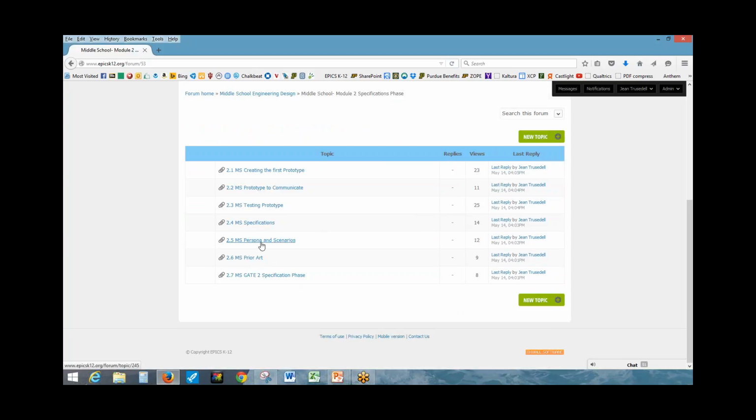If you look at these three things right here, the specification, the persona and scenarios, and the prior art, it is quite possible that with your kids, you could in each team have them divide out, and one person be the lead working on the specifications, another person be the lead on developing the persona, another person the lead on developing the scenario, and the fourth person the lead on exploring the prior art, so that it doesn't become overwhelming.